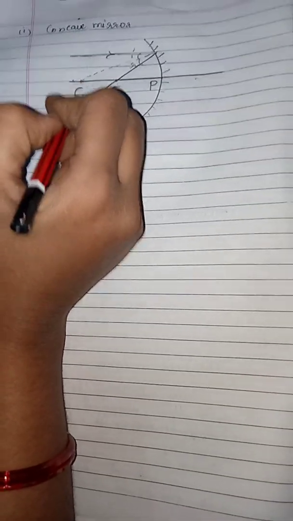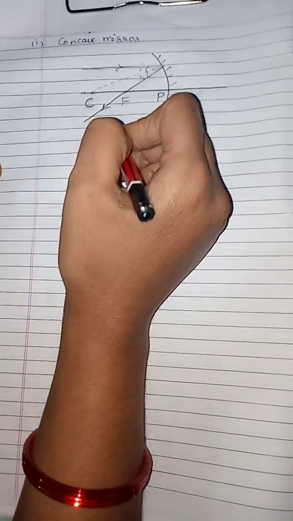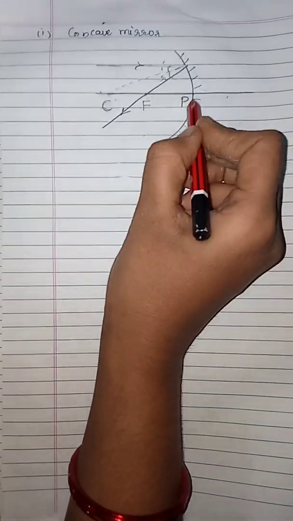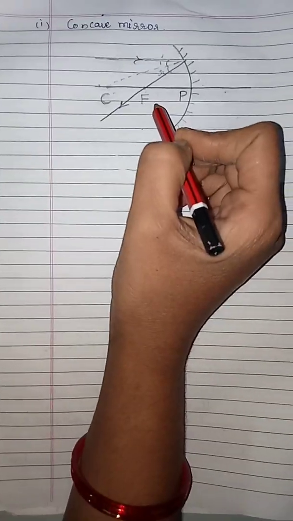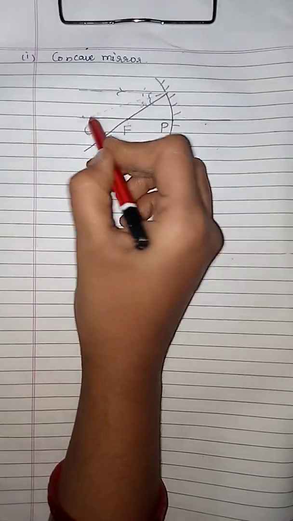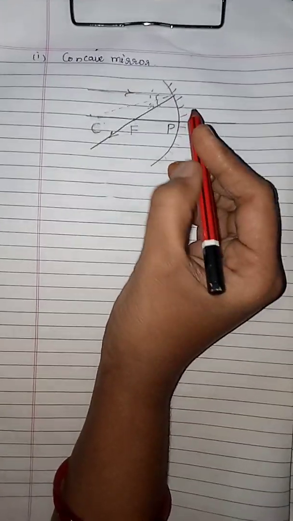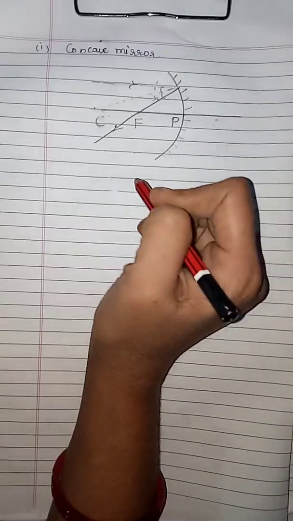We denote them by I and R. Understood, children? So in case of a concave mirror, the incident ray after reflection passes through the principal focus, and the distance between the principal focus and the pole should be equal to the distance between the incident ray and the principal axis. And if you draw the perpendicular from the center of curvature to the mirror, this is the angle of incidence and this is the angle of reflection. So this is the case of the concave mirror, children.